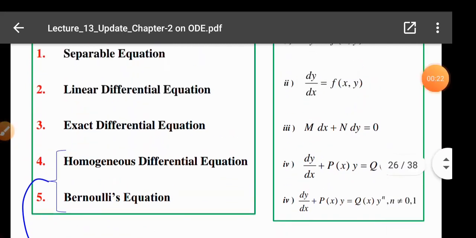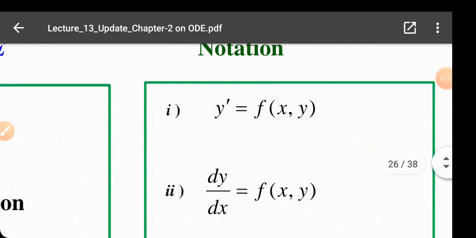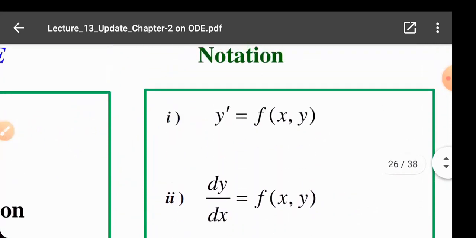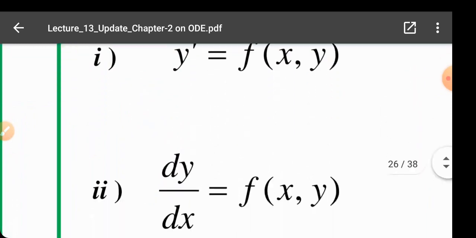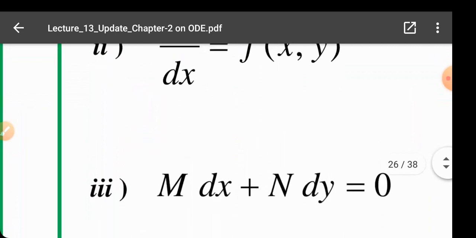On the right side box, you can see different notations for a first order differential equation. The first one is y prime equal to f of x, y, which is the same as dy/dx equal to f of x, y.